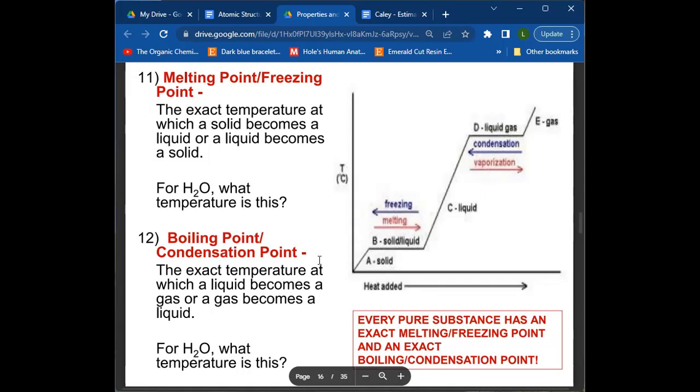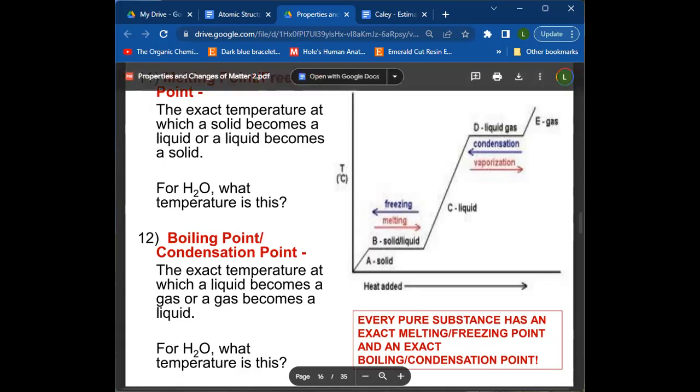Then the melting point, freezing point, boiling point, condensation point, they're also still physical properties. They don't require a chemical reaction in order to find the melting point or boiling point.